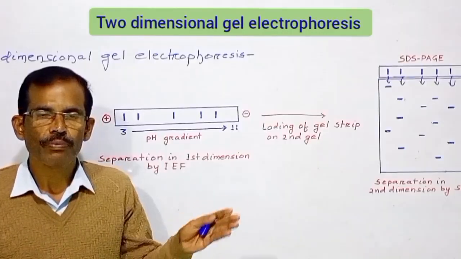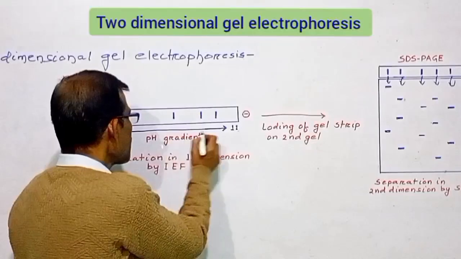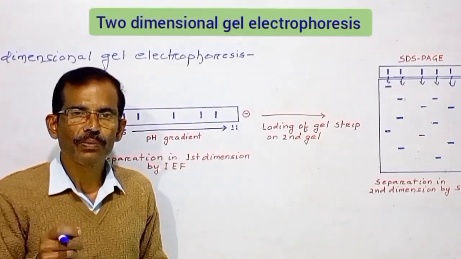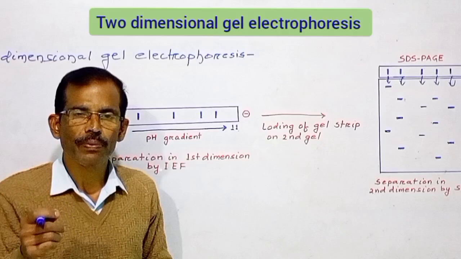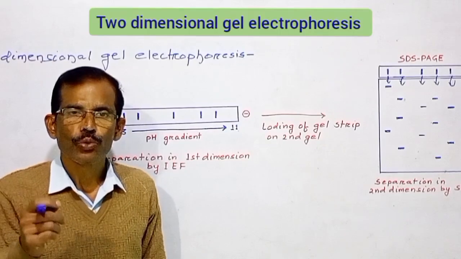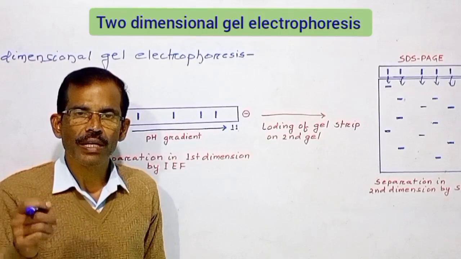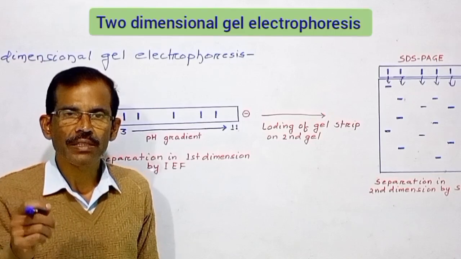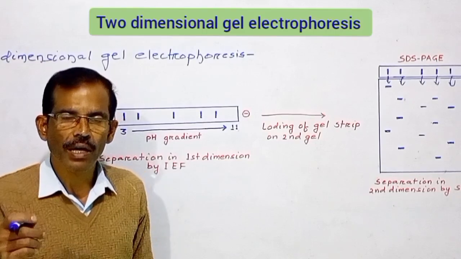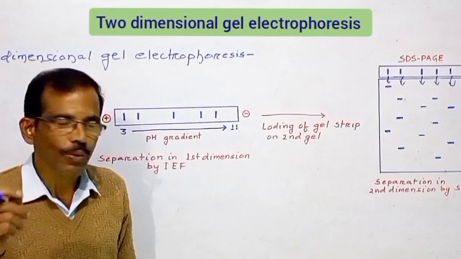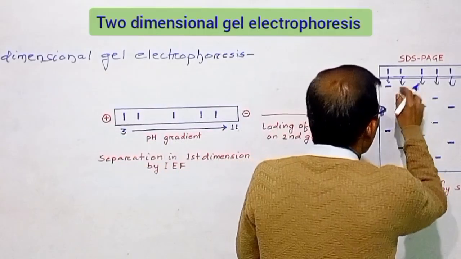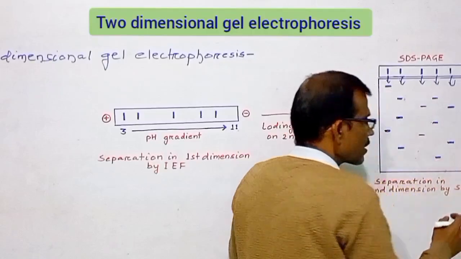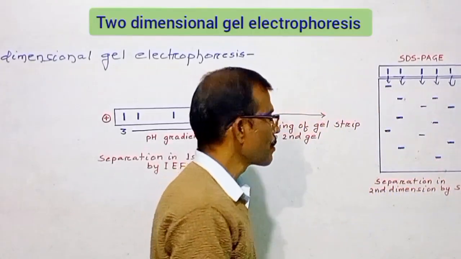After isoelectric focusing, the IEF gel strip is removed and is then incubated in a sample buffer containing sodium dodecyl sulfate, SDS. After incubation, the gel strip is carefully taken out and is then placed horizontally on top of a previously prepared 10% SDS-PAGE gel.